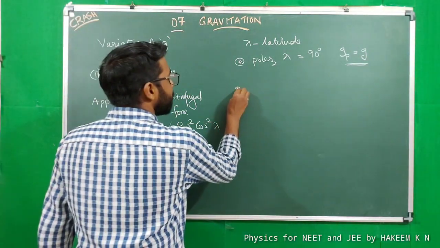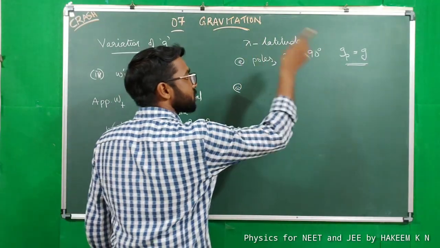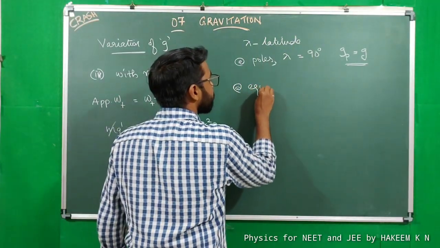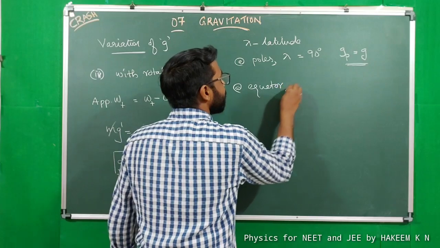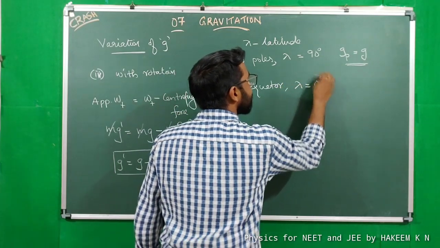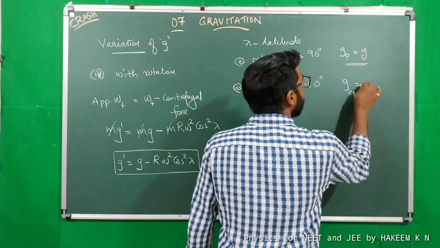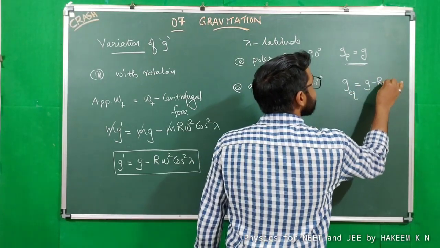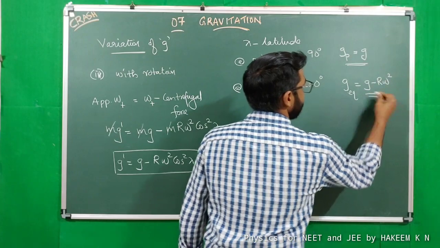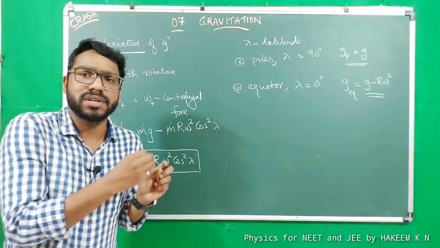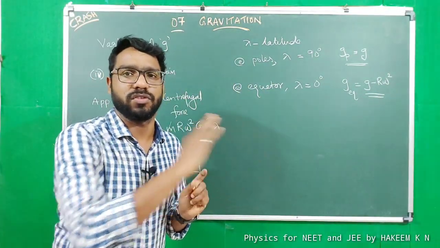And what is the weight of a body, or acceleration due to gravity, at the equator? At the equator, lambda equals 0 degrees. So g at equator equals g minus r omega square. The effect of rotation is maximum at the equator.